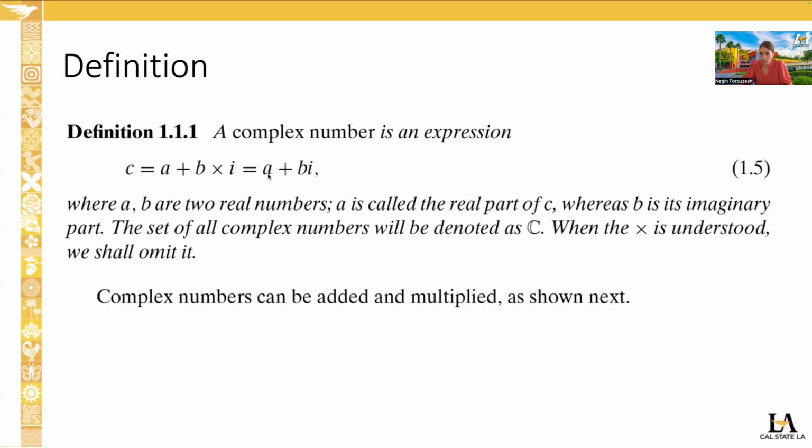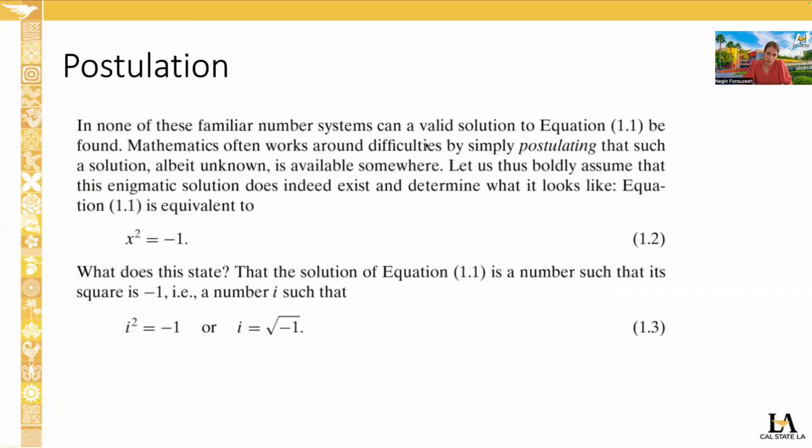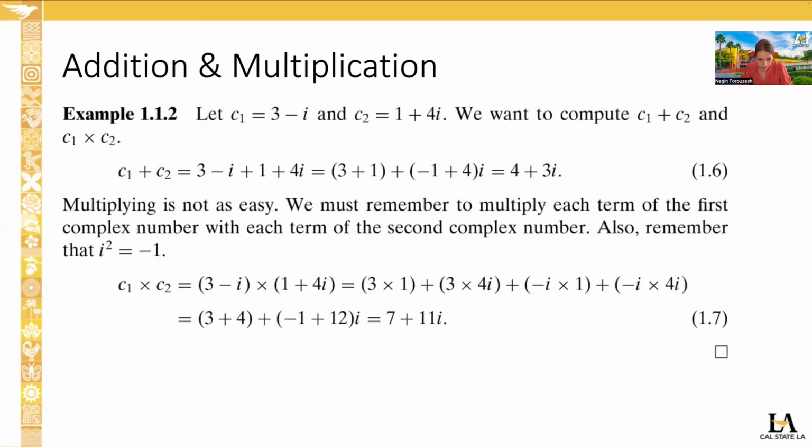So all the real numbers, integers, if you go through the smaller circles in here, they are all complex numbers. So that's not a problem if you go backward. But when you're going from natural numbers to the complex numbers, and especially real numbers to complex numbers, that's when you get to see that imaginary part.